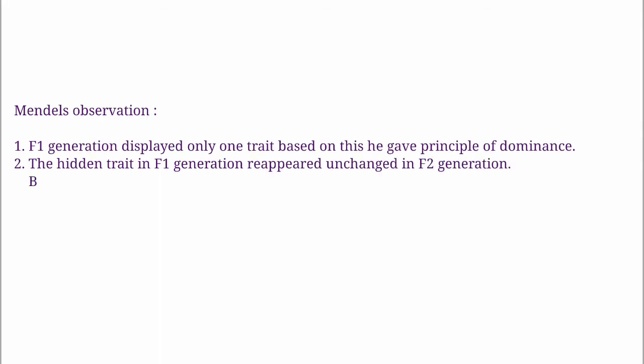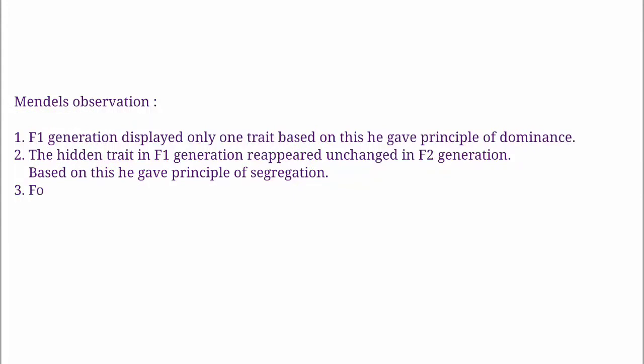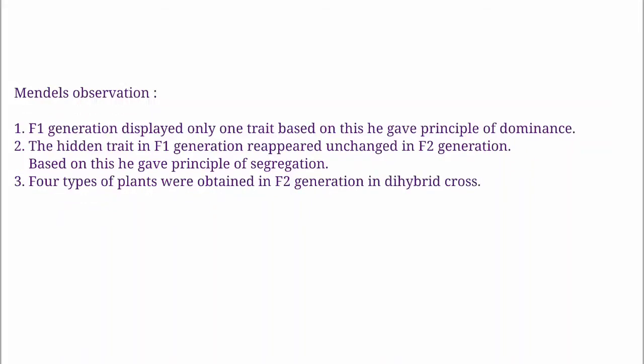Second, the hidden trait in the F1 generation, where did it reappear? Reappeared unchanged in the F2 generation. Based on this, he gave what? Principle of segregation. Third, 4 types of plants were obtained in F2 generation in a dihybrid cross. What is a dihybrid cross? It is the second set of experiment where he got 9:3:3:1 ratio. Remember?